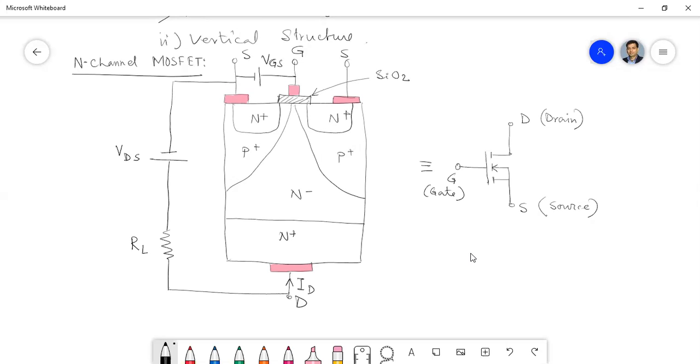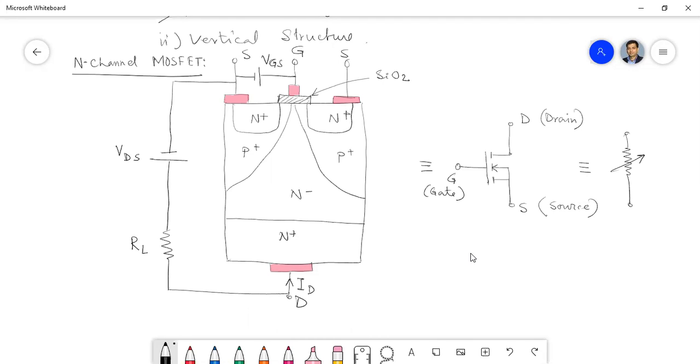Now, in on state, that also you can remember, this particular device in on state behaves just like a resistance. It's a variable resistance.